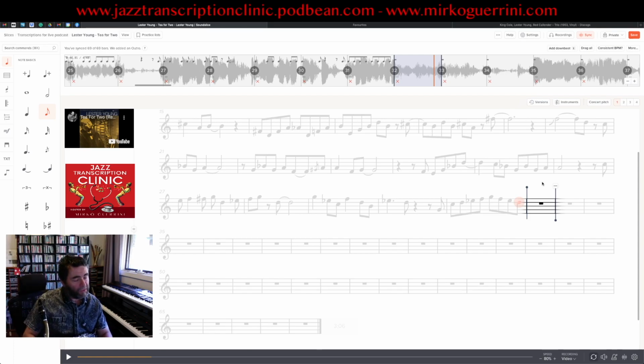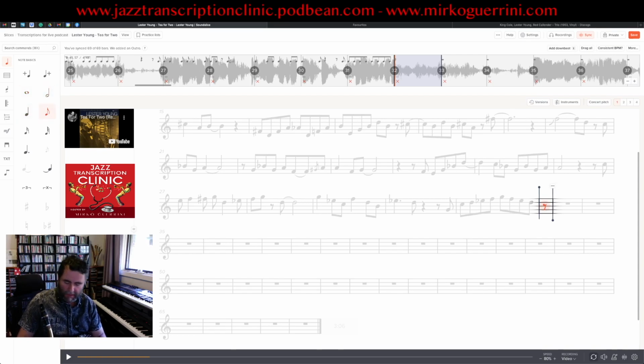From the first note to the landing note of this, it will be C because the landing is on F sharp. So he goes down the scale and lands on F sharp from C.